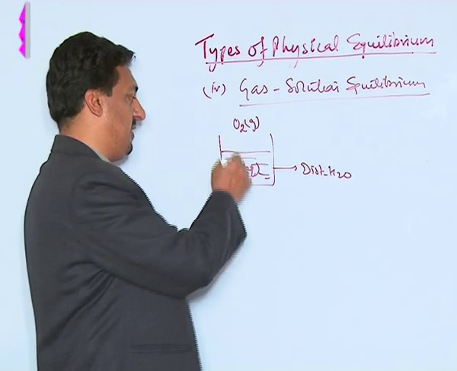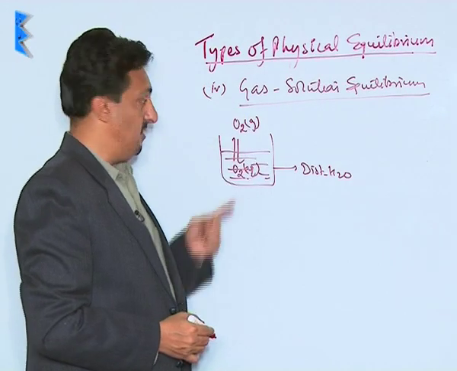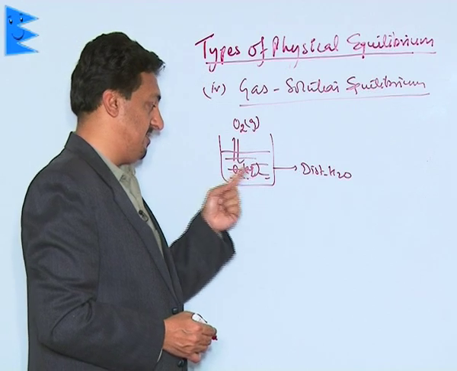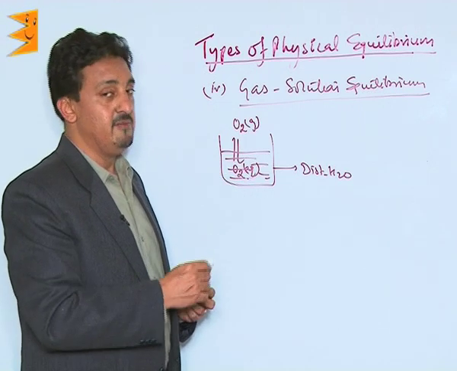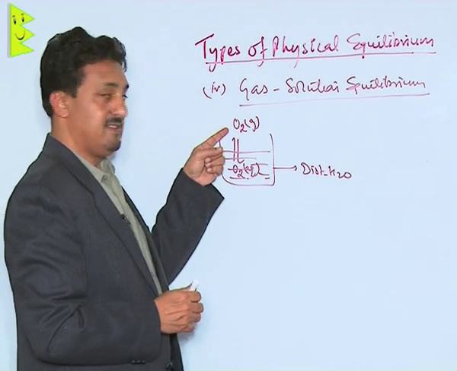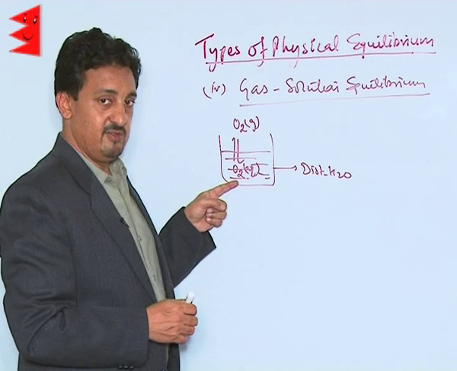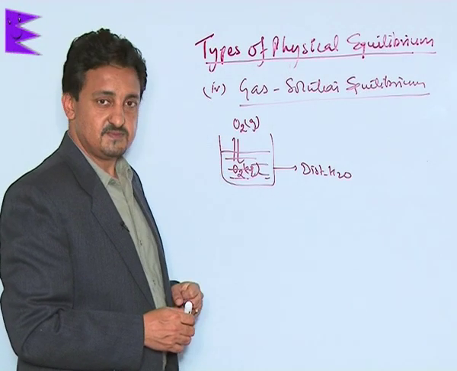After some time, we find that the oxygen in the gaseous state and the oxygen in the aqueous state will establish equilibrium with each other. This equilibrium of a gas with its solution is called gas solution equilibrium.